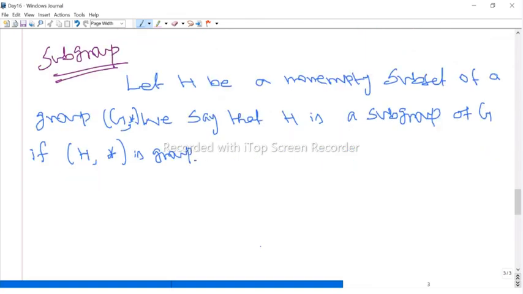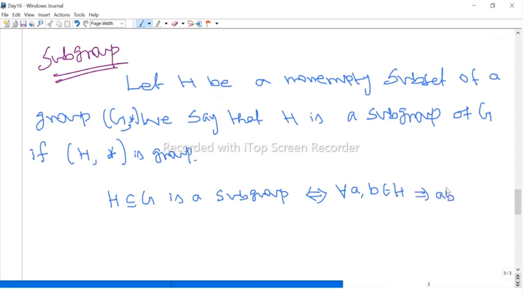But there is a characterization of subgroups. H, a subset of G, is a subgroup, and there is no need to check all the conditions, if and only if for any two elements a, b in H, a b inverse belongs to H. So whenever we take any two elements a, b, and a b inverse belongs to H, then H is a subgroup.